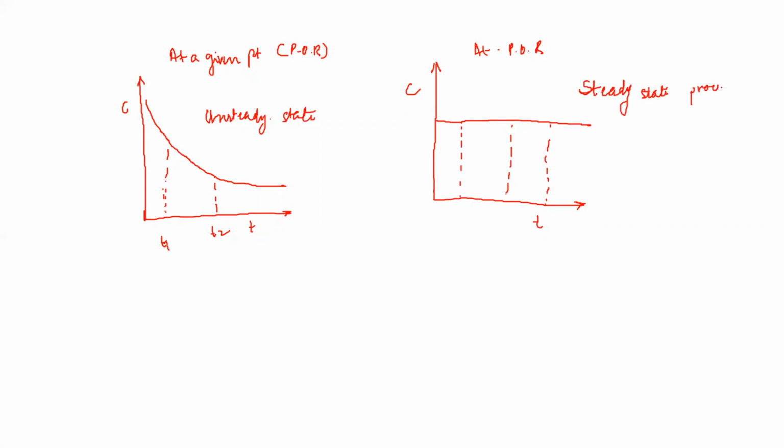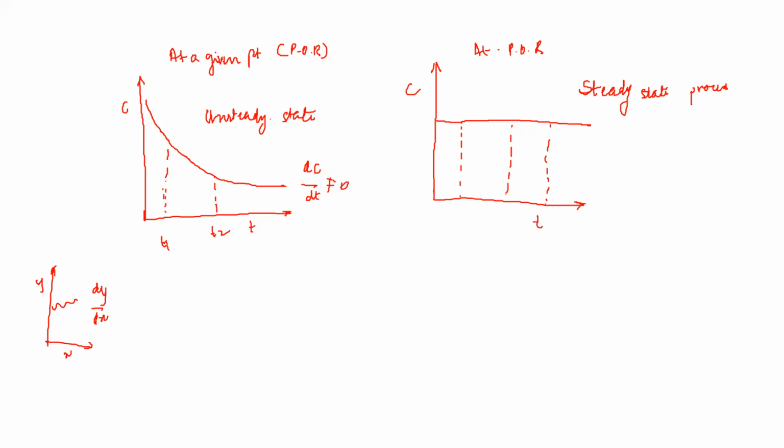From here, if you see the slope of this concentration versus time graph, then just as for a y versus x curve the slope is dy by dx, here the slope is dc by dt. For an unsteady state process it is not going to be 0.